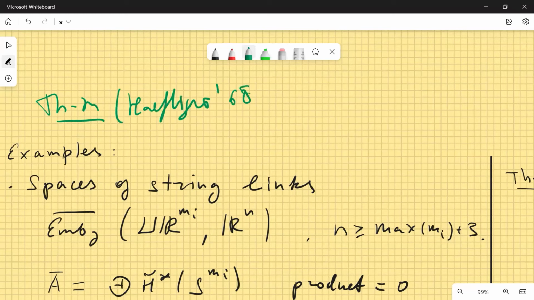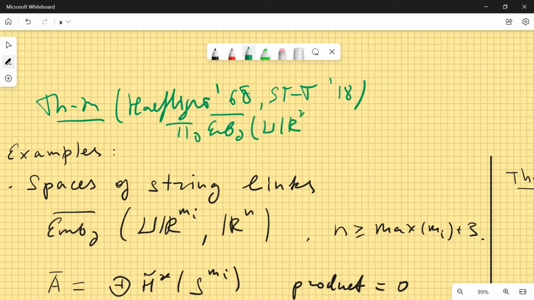1968. And Songhafoud, Sumanya and I just interpreted this result of Haefliger, probably in 2008. So we interpreted this by saying that when we take the pi 0 of spaces of string links, first of all, it's going to form a group.